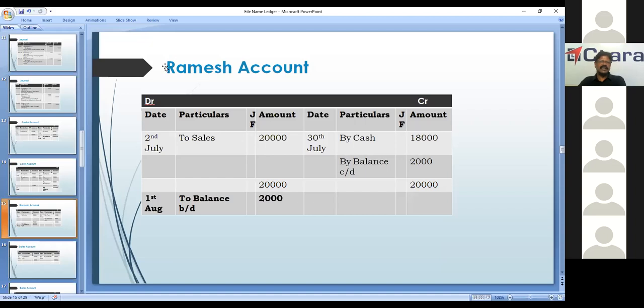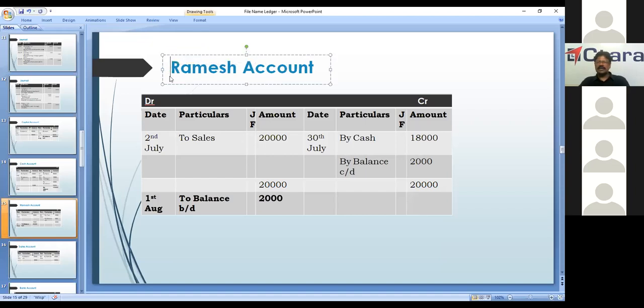So what is the journal entry here? We made Ramesh account debit to sales, right? So Ramesh account, we have debited 20,000. So go to the debit column and write 20,000 to sales. As per the journal entry, we have debited Ramesh account, Ramesh account debit to sales.